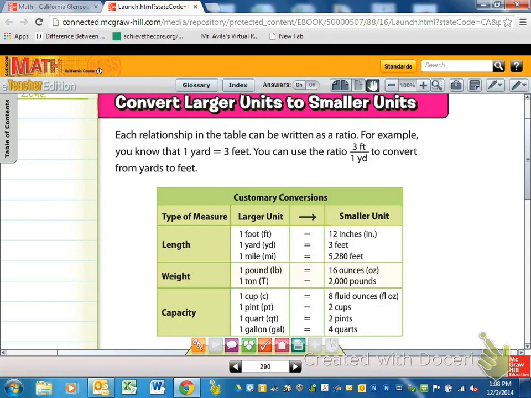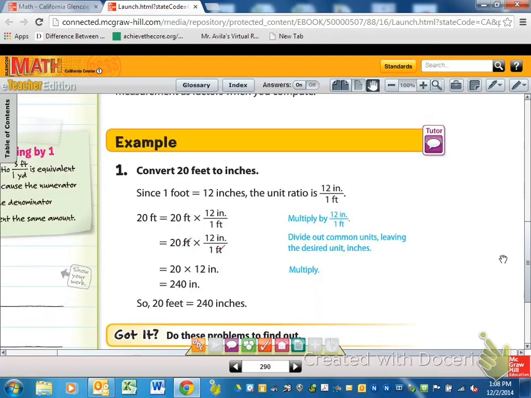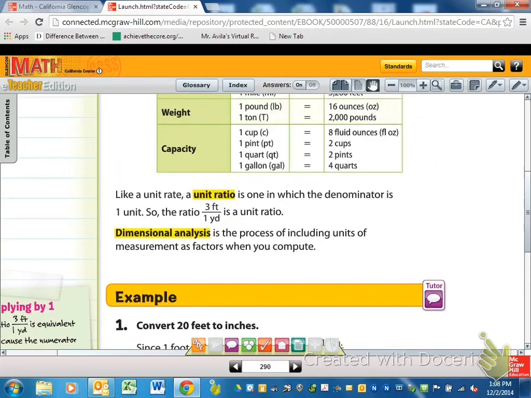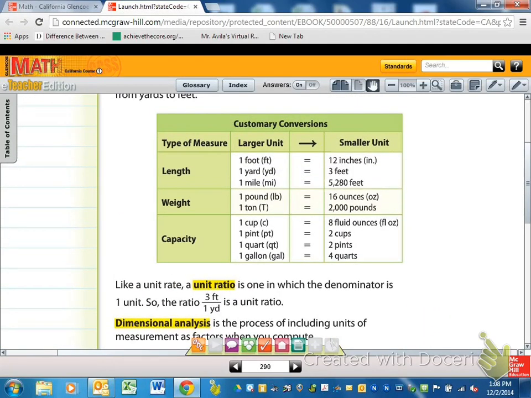Now this is only true when we are changing large units to smaller units. So we want to convert 20 feet to inches. So we look at our chart and we can see that 1 foot equals 12 inches.